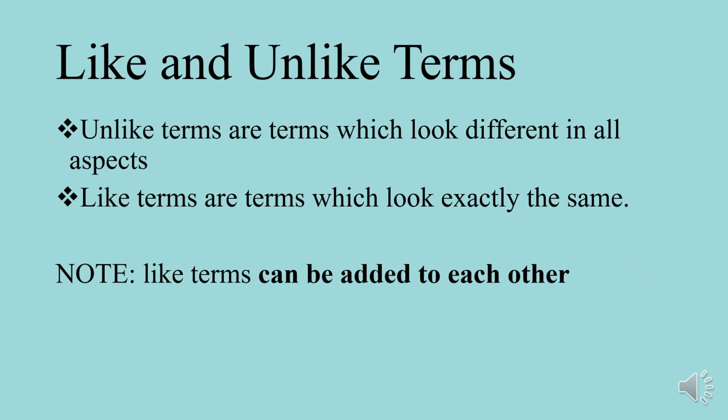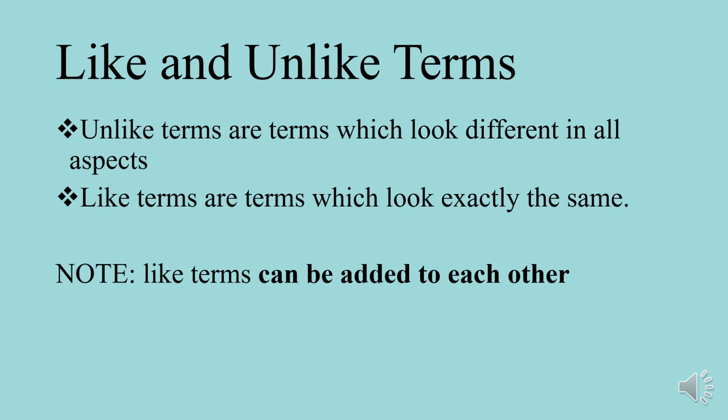Note, like terms can be added to each other because they are like. It's more like if I have a pen and a pen, these are like items, so I can say at the end of the day I have 2 pens. But if I have a pen and a book, these are unlike, so I'm going to say I have a pen and a book, meaning these cannot be added together. If you have understood that, that's a great way to go.